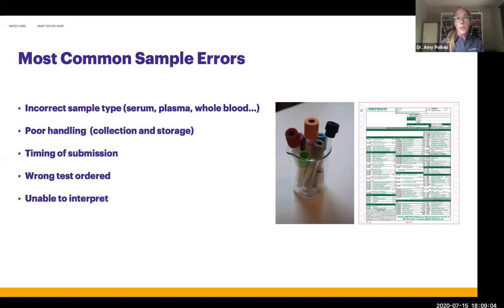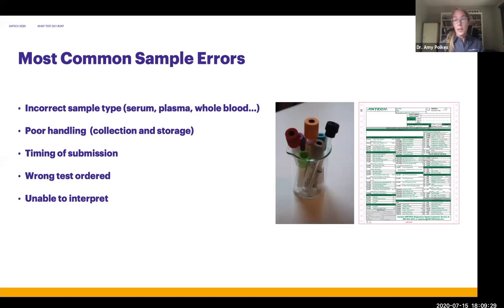I would say for us in our lab, some of the most common sample errors would be the incorrect sample type, whether you need plasma and we're getting sent serum or whole blood, et cetera. Poor handling: the sample wasn't put on ice, wasn't frozen, just the way it's even collected and stored. Is it in an appropriate container? Does it leak all over the bag, et cetera?